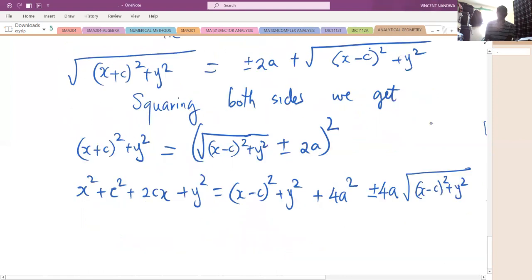I'm just using the fact that A plus or minus B squared is A squared plus B squared plus or minus 2AB.